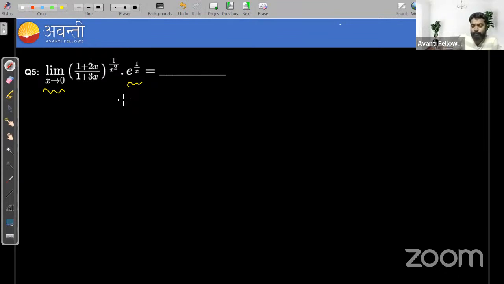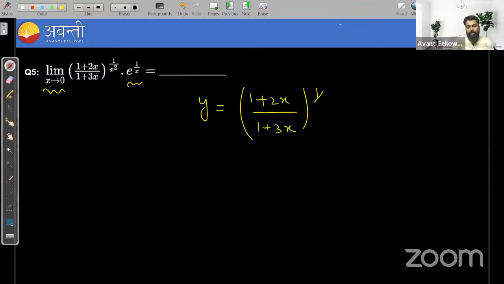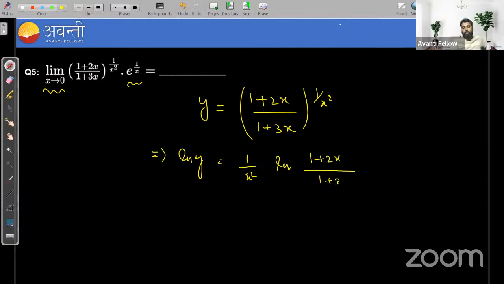Let's put log. I'm taking the given function as y as 1 plus 2x upon 1 plus 3x to the power 1 by x square, right? So if you take log on both sides, I'm having ln y is equal to 1 upon x square ln of 1 plus 2x upon 1 plus 3x.